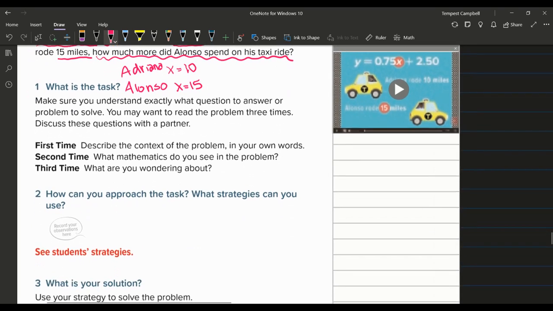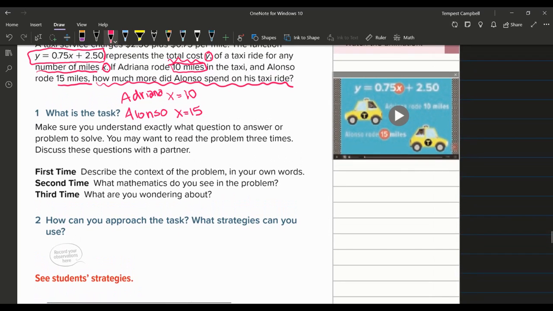So what that means is we're going to end up saying, okay, we have Adriana, I'm just going to do AD, and then Alonzo, AL. Adriana is when we have x equals 10. Alonzo is when x equals 15. We're going to be using y equals 0.75x, but instead of an x, I'm going to put parentheses, plus 2.5.